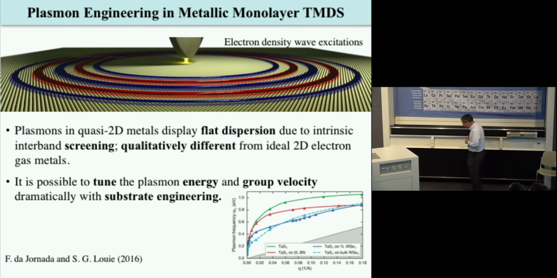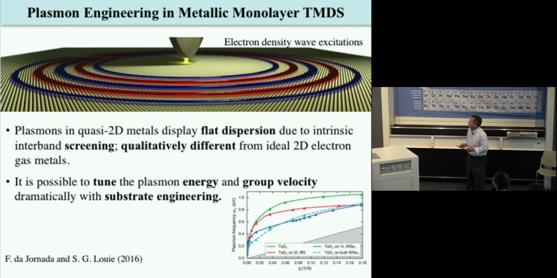Another consequence of screening is that you also have very interesting screening or substrate effects on the plasmons of the system. Some of the TMDs are metallic, like niobium diselenide and so on. They support intrinsic plasmons, but those plasmons don't behave like classical 2D electron plasmons.